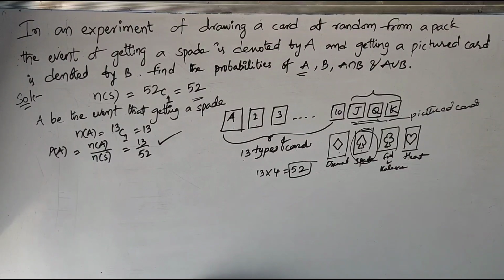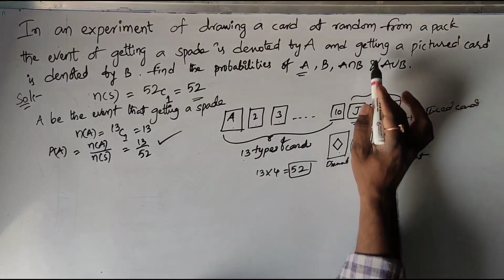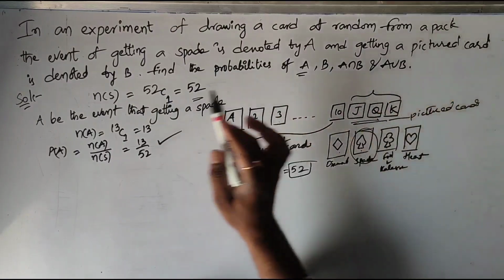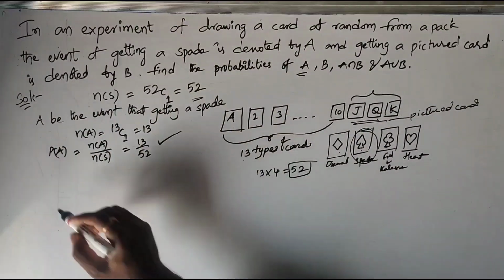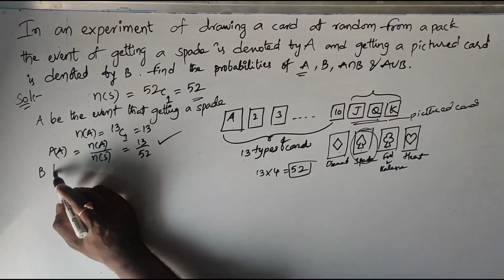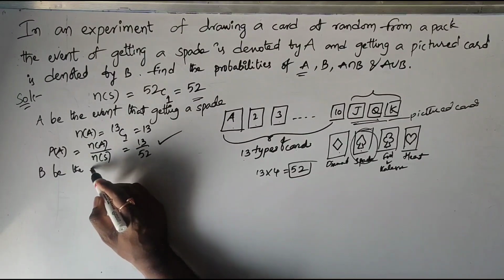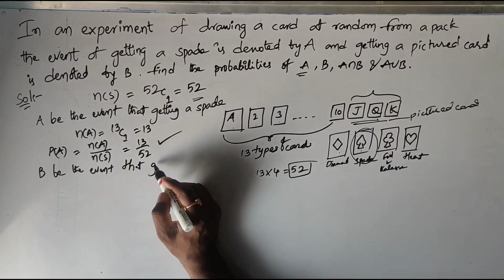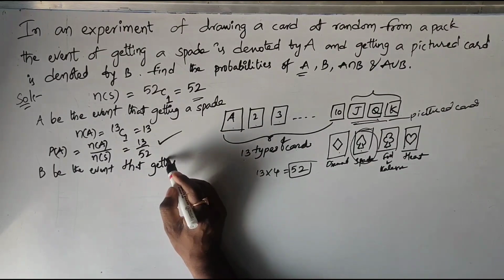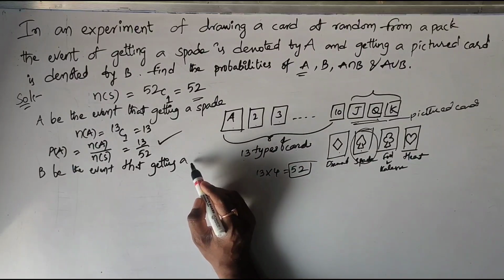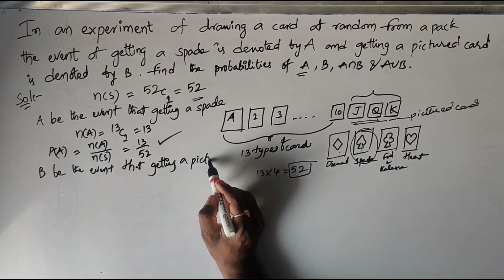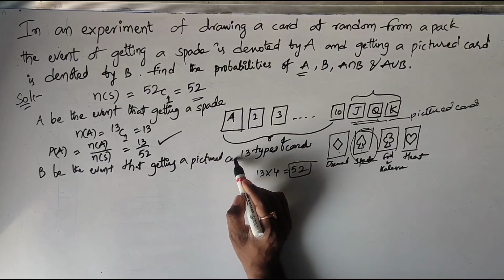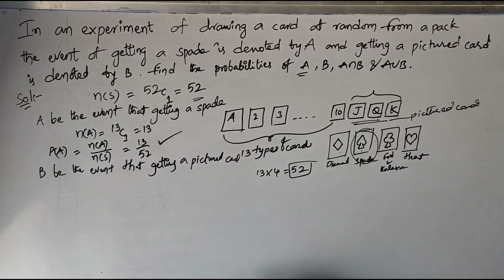Next P of B. So what is B? Given that getting a picture card is denoted by B. So again we write here: B be the event that getting a picture card.